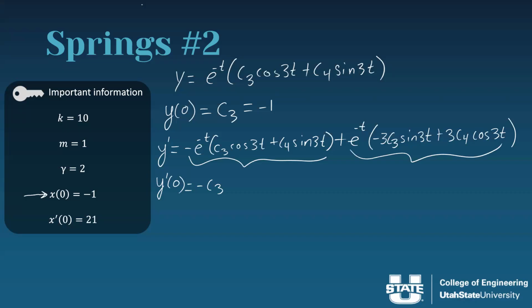And for this portion, this time this part will go away. So we're left with plus 3C4. And we set that equal to 21. And we already determined that C3 was minus 1.